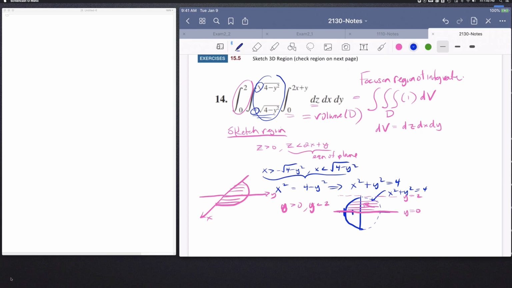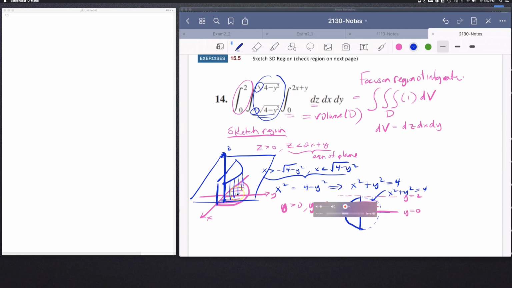But because we had z going from 0 up to a plane, a general sketch of what we're looking at is some sort of volume with a slanty top. And the base of that region is going to be some sort of semicircle.